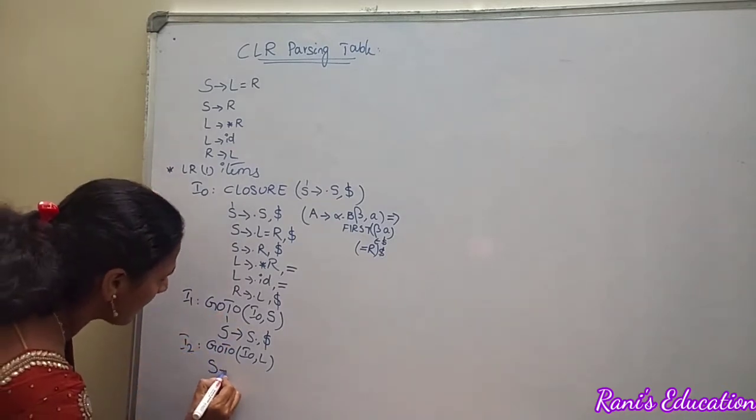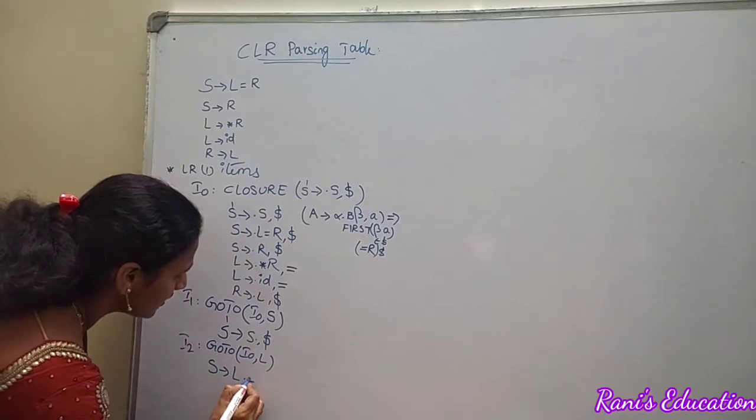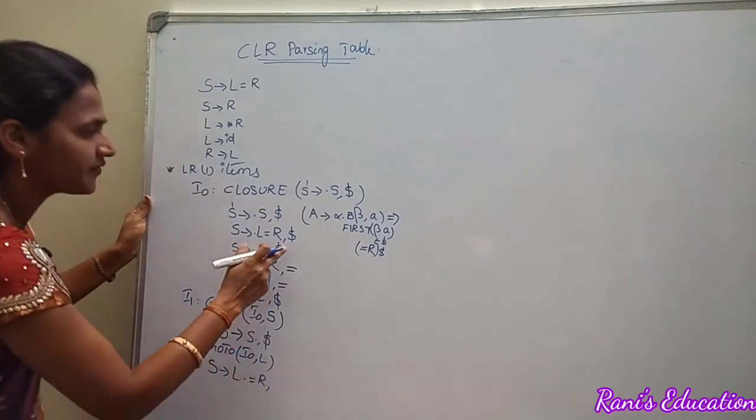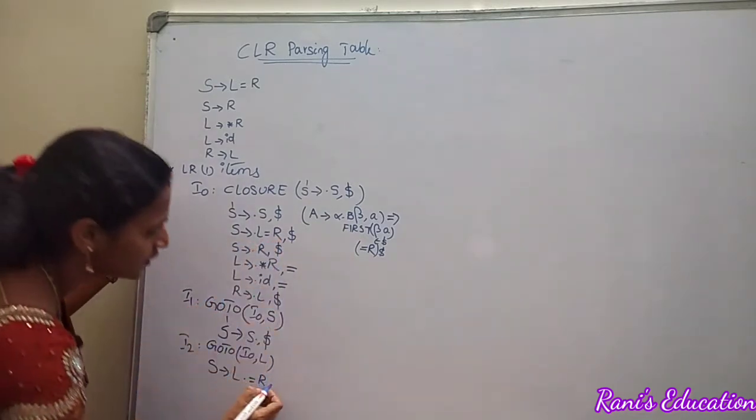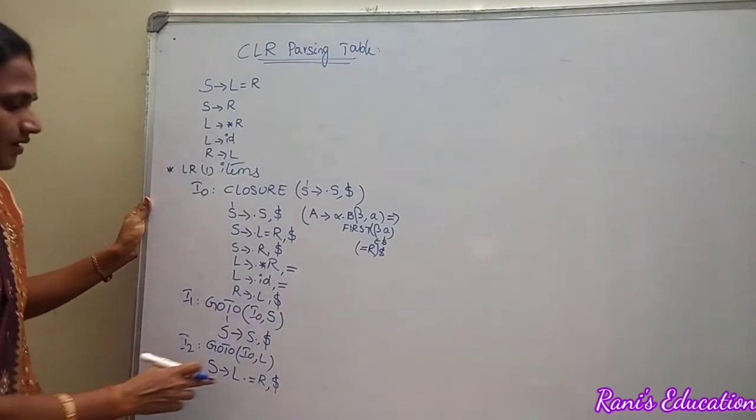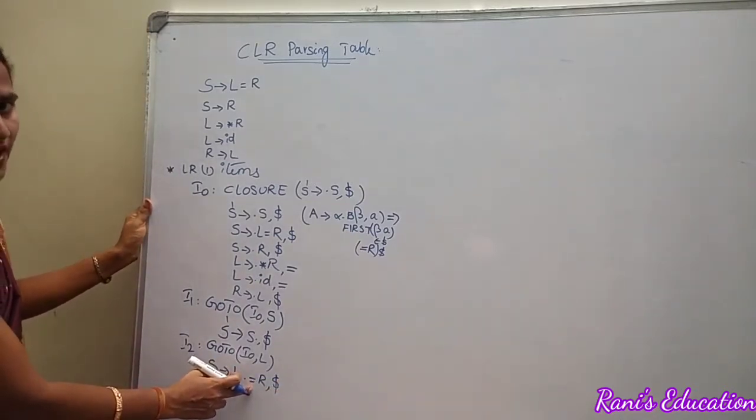S→L dot equal R. What is the look ahead for that production in I0? Dollar. Right? After the dot we don't have a non-terminal, it is a terminal.